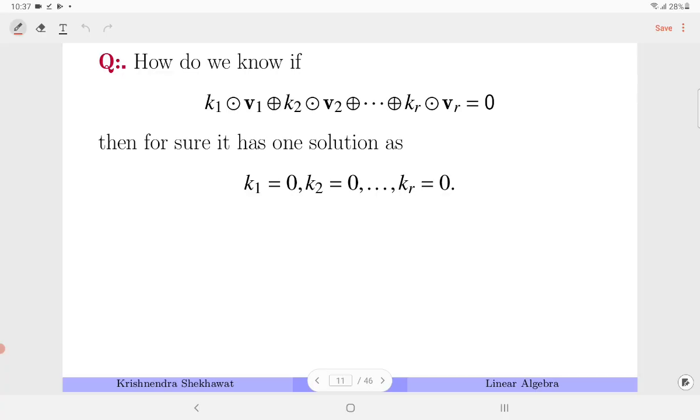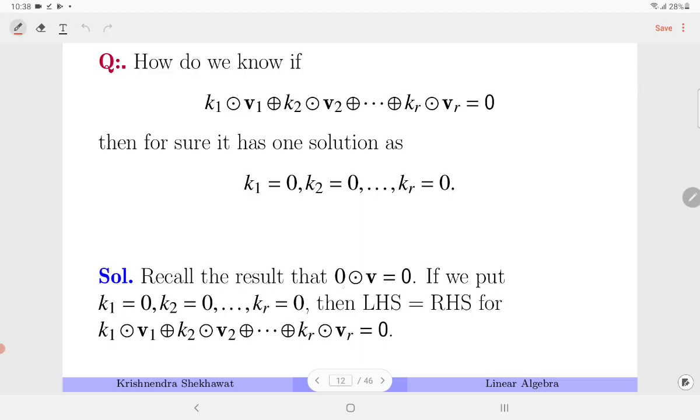But before that, let's talk about this question. We have just said that this vector equation for sure has one solution, which is k1 = 0, k2 = 0 and kr = 0. Why is it so? Because we have done a theorem which says that 0·v is always the 0 vector.